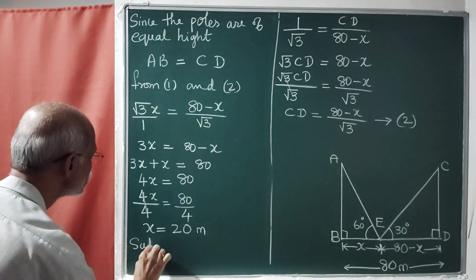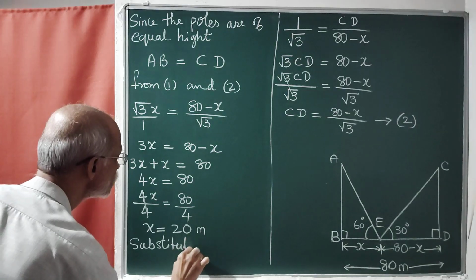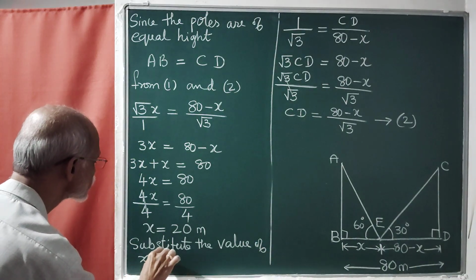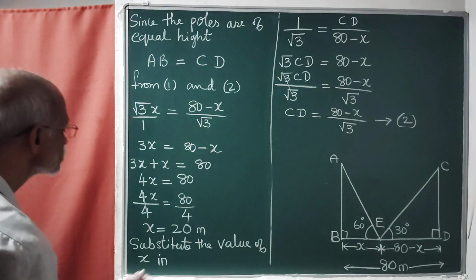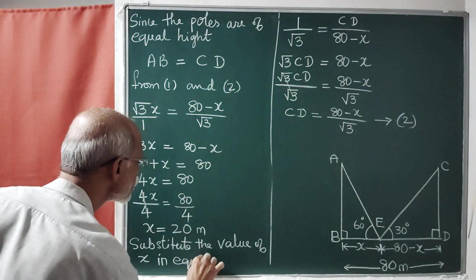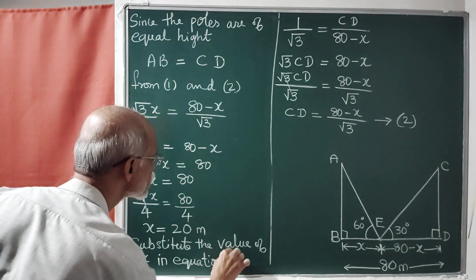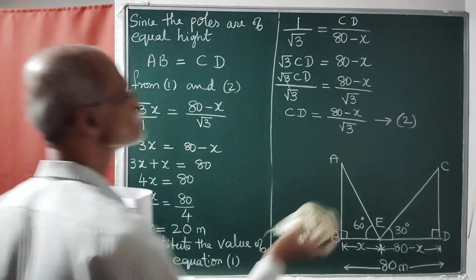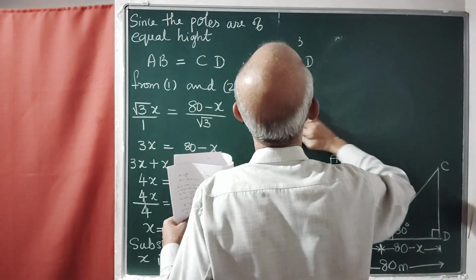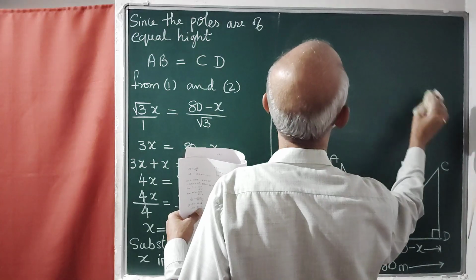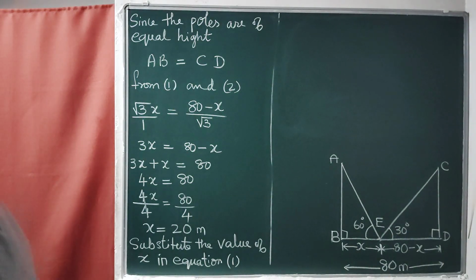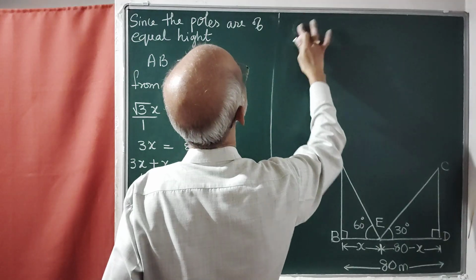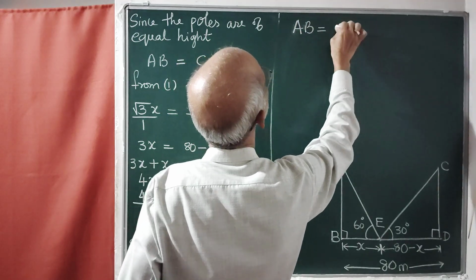Substitute the value of x in equation 1. Equation 1 was AB equal to root 3x.